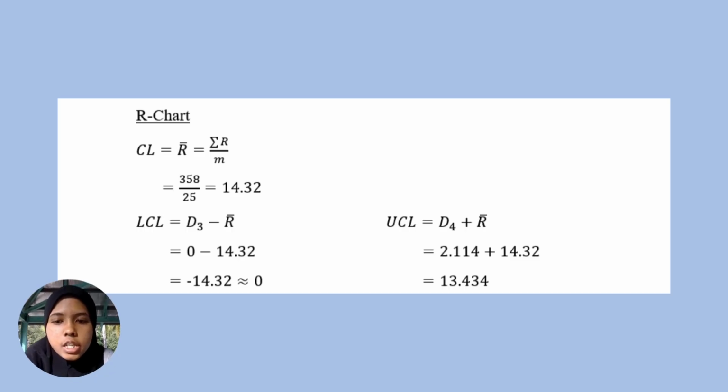For the R chart, the central line equals R-bar, where the formula is summation of R divided by m, and then we get 358 divided by 25, and we get 14.32.